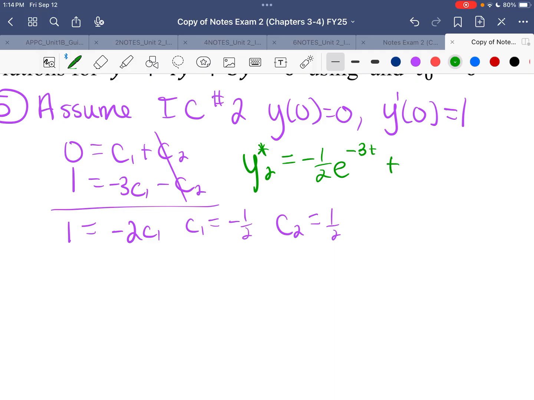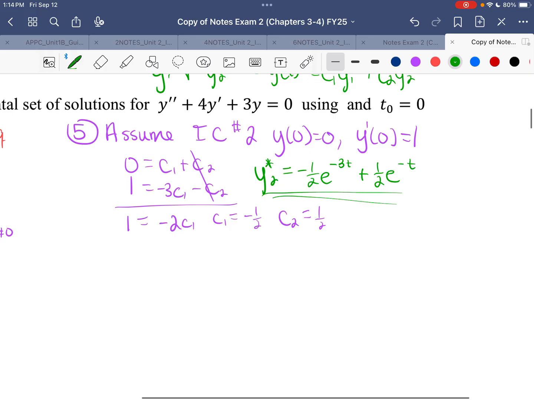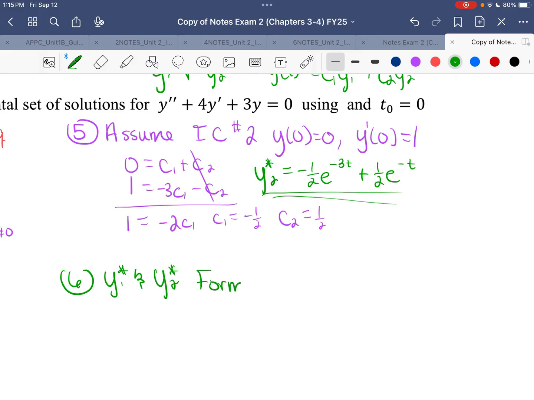I'm plugging this back into my general solution now that I have these two C's. 1/2 e to the negative t. Okay, then y1 star and y2 star form the fundamental set of solutions.